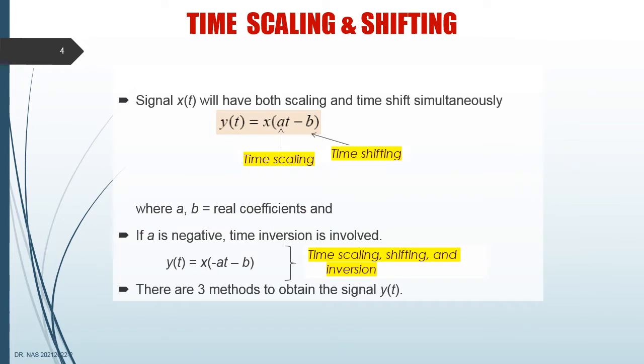Okay, so what will happen in time-based operation if you have more than one operation? First, look at the given equation. You may notice that there are additional variables inside the bracket. That's time scaling and also time shifting. Remember the basic equation for time shifting, you should consider the negative in the middle. There are three methods to solve when you have more than one operation.